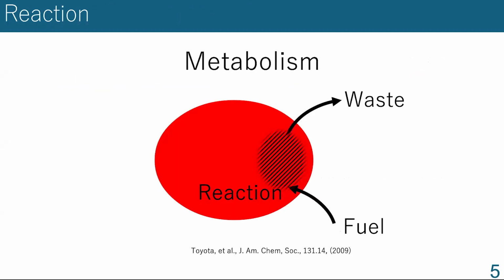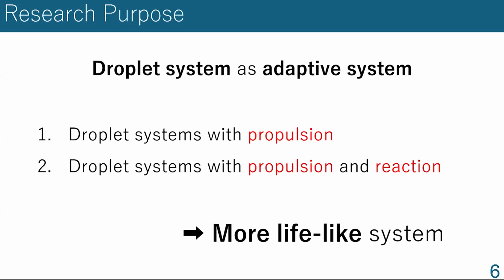Another example of a droplet system is a reaction. Metabolism is a kind of reaction, where the droplets get fuel and react it to make waste and get energy from the fuels. As my research purpose, I would like to make the droplet system an adaptive system.